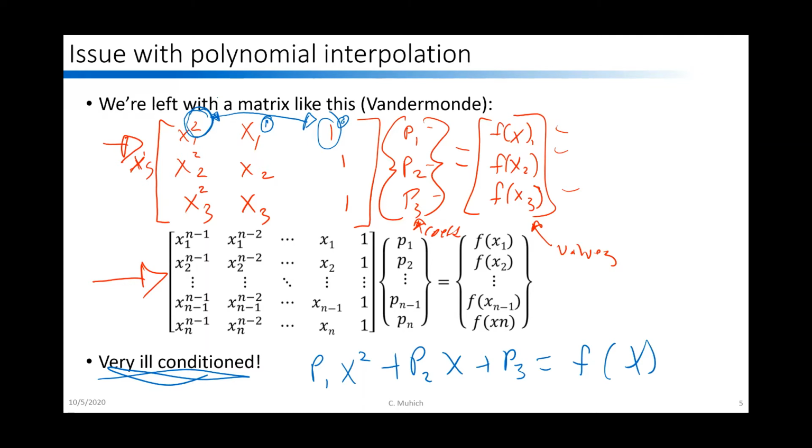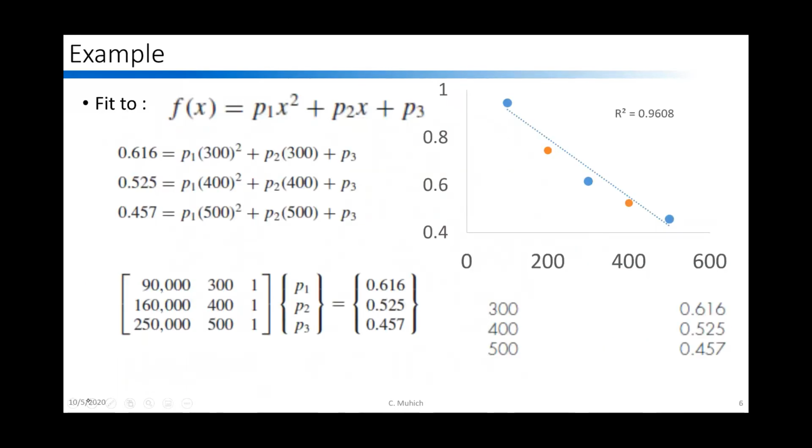So let's see how this ill conditioning might set up. Right? So we can take these 3 blue points again. We can say that they occur at 300, 400, and 500. So this is our temperature, and this is our density. We can plug them into this equation to form our matrix.